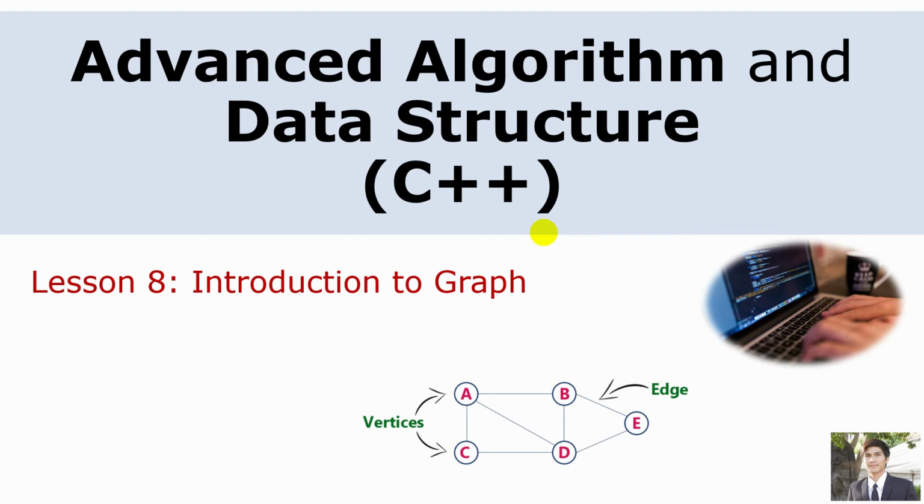In a graph there are many nodes, which we sometimes call vertices, and they are connected by edges. As we learned in the recent lesson, a tree is a special form of graph. A graph is a general form, and there are many problems that can be solved using graphs.